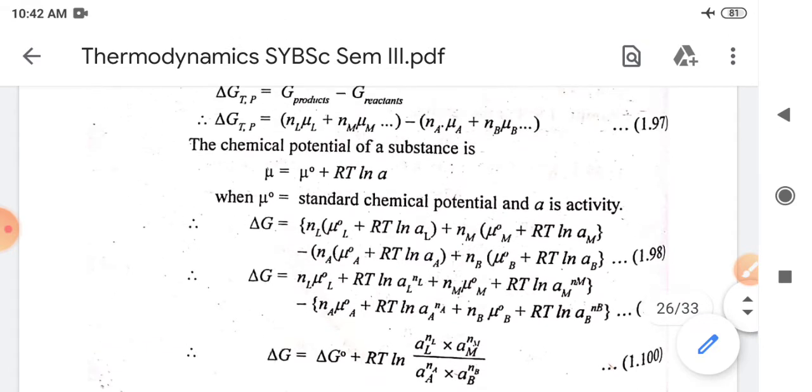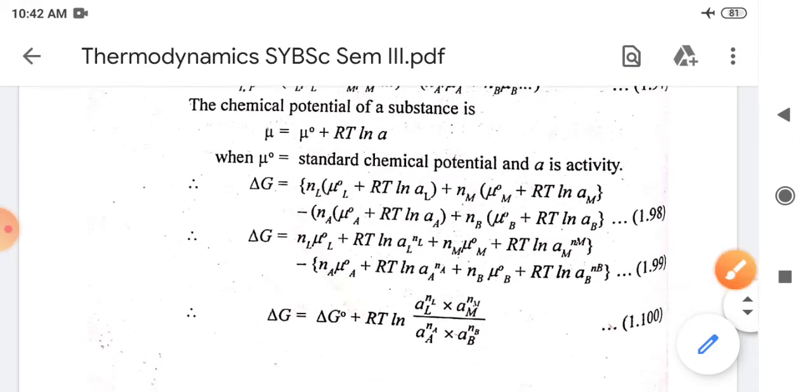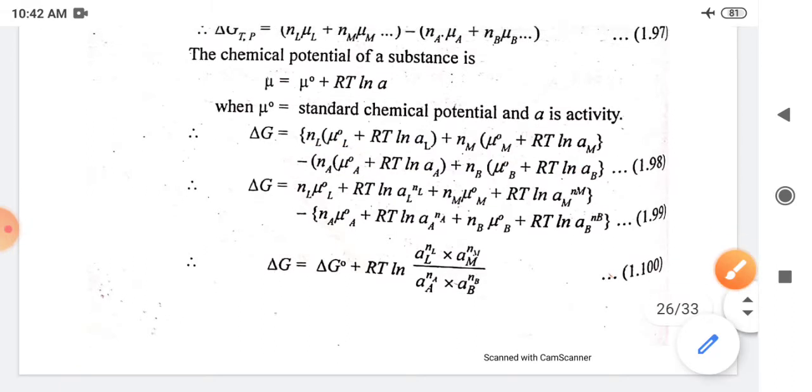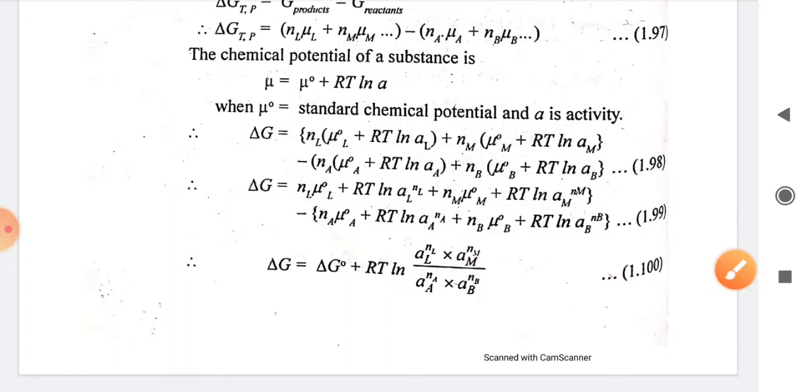Now we just need to substitute the value of mu for the various components, that is delta G is equal to NL into mu naught of L plus RT ln of AL, plus NM into mu naught of M plus RT ln of AM, likewise for A and likewise for B, that is product minus reactant.